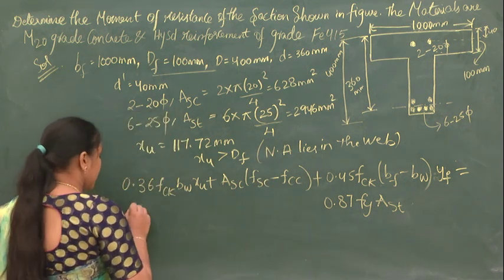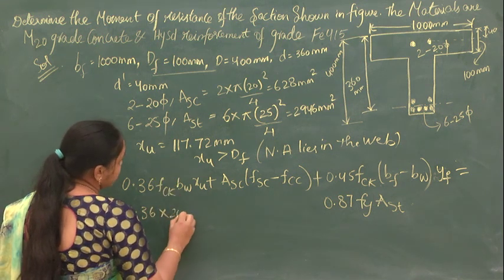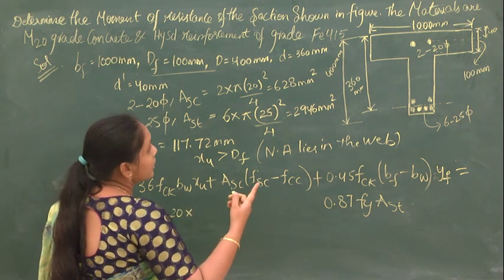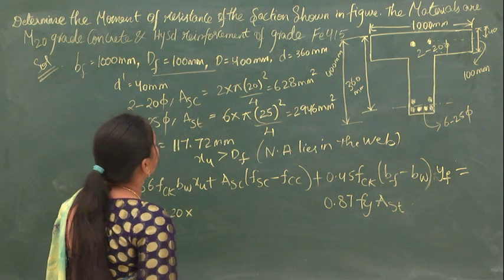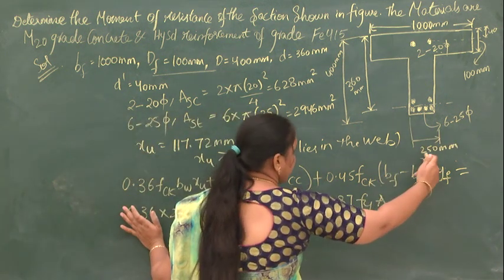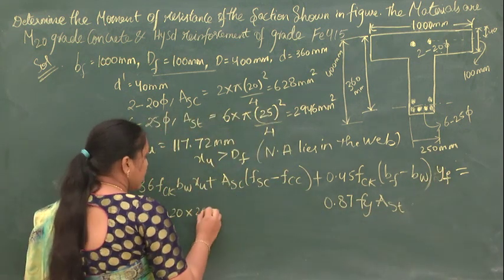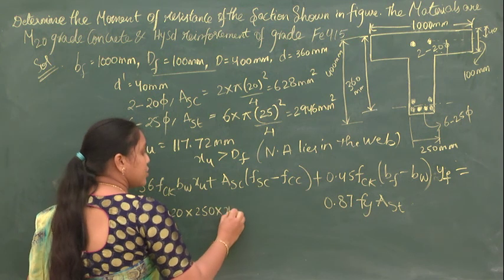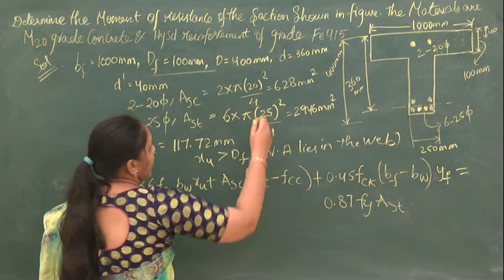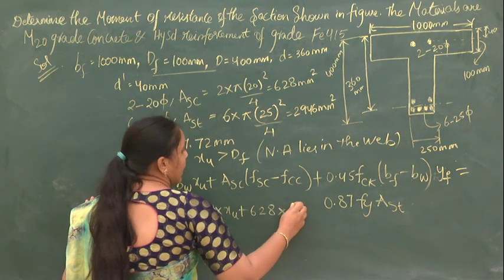So let us substitute. It is 0.36 into FCK. What is FCK here? It is 20 into BW. BW is nothing but the breadth of the web. What is the breadth of the web given here? It is 250 mm, into 250 into XU, which you have to calculate, plus ASC, which we have already calculated, 628 into FSC.